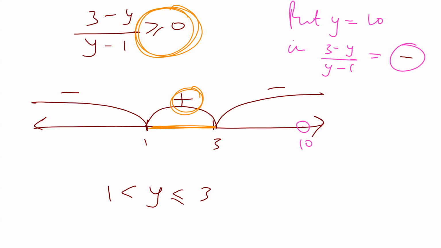No, no. Because we don't require 0 as the answer, na? Here we can get 0 as the answer because equal to 0 is also there, na? That's why.